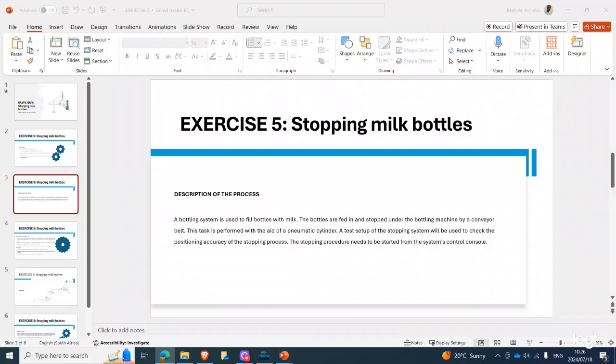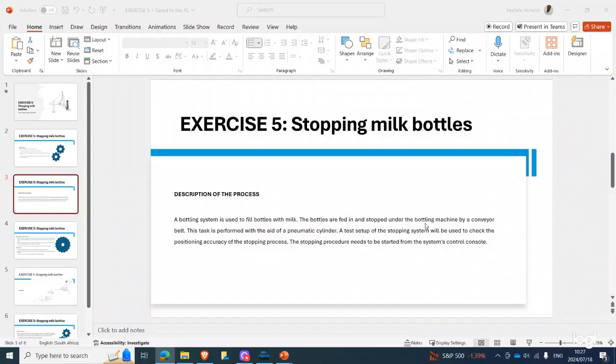So now, a description of the process. A bottling system is used to fill the bottles with milk. The bottles are fed in and stopped under the bottling machine by a conveyor belt. This task is performed with the aid of a pneumatic cylinder.